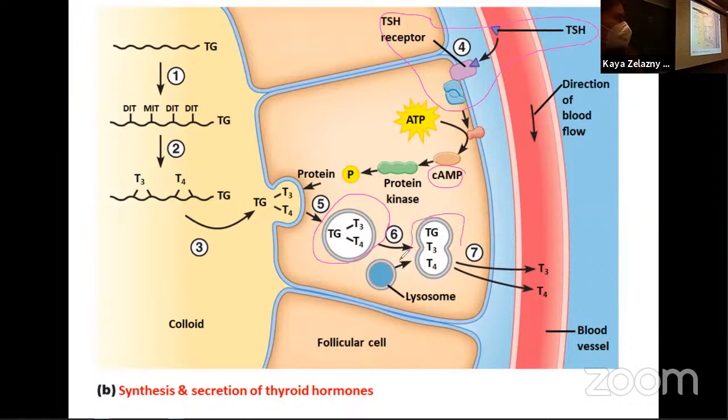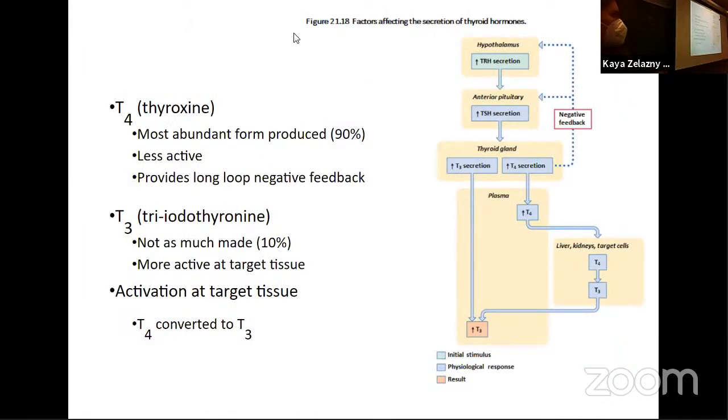We used a lysosome to do that. That's the job of our lysosome, to break things. And then we can secrete T3 and T4 into the bloodstream. So that's the basic pathway, and that's why we need all these things. We're adding iodine in order to make the T3 and the T4 out of the thyroglobulin. We need a signal to tell us to take all this stuff out of the colloid and ultimately move it into the bloodstream.